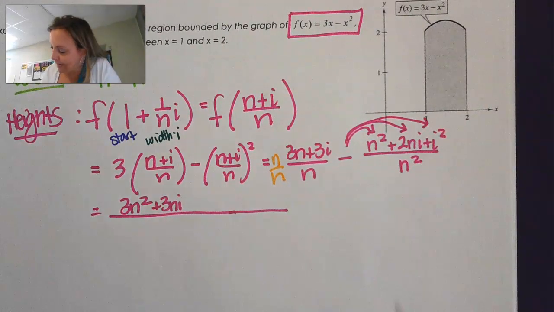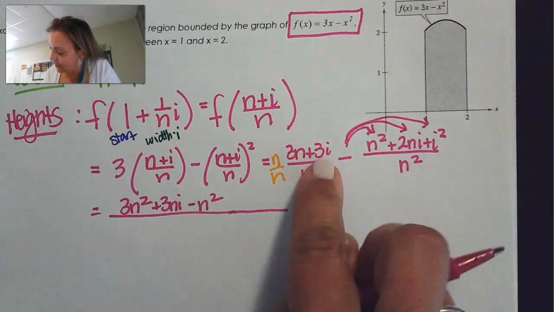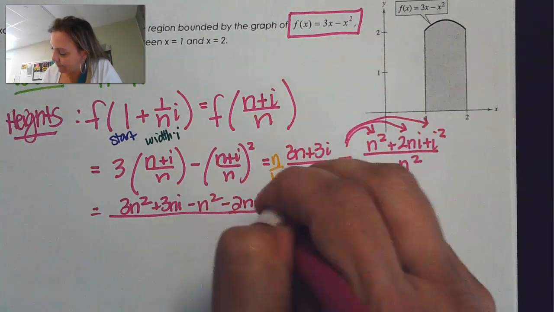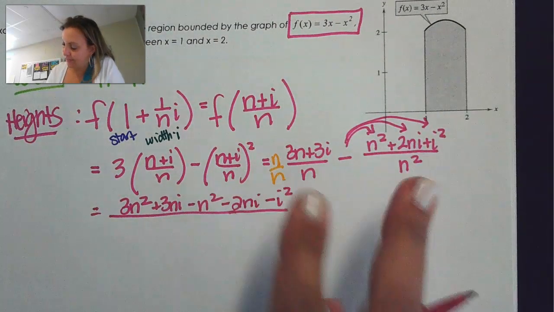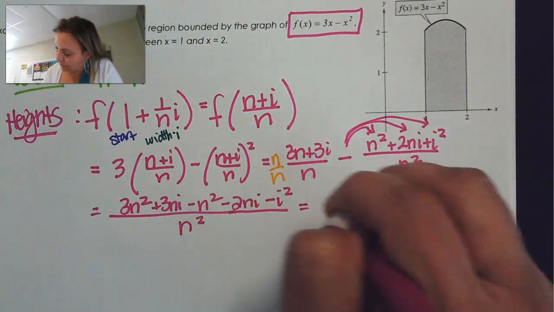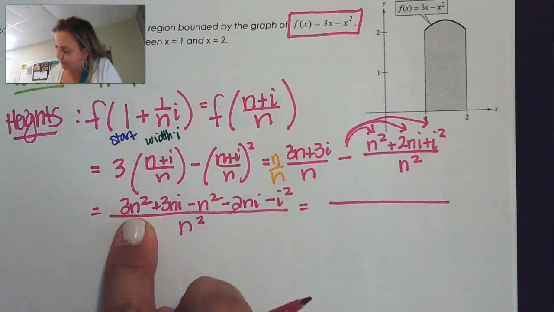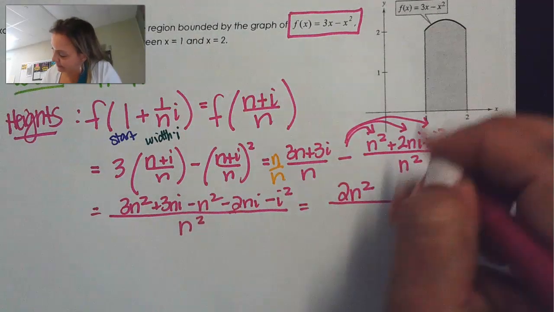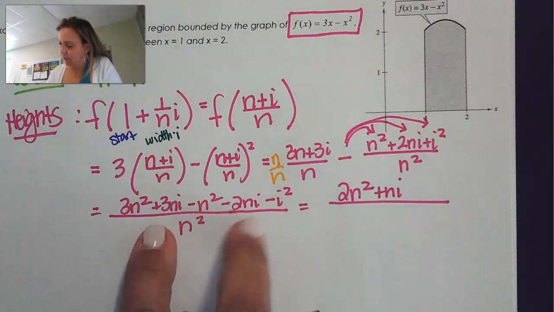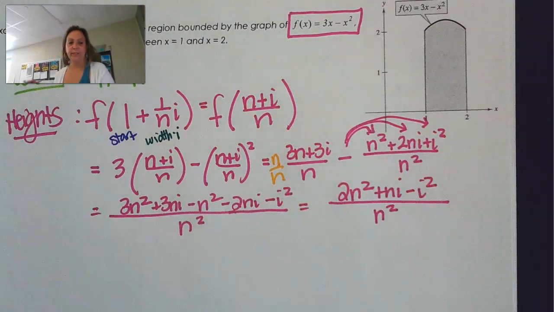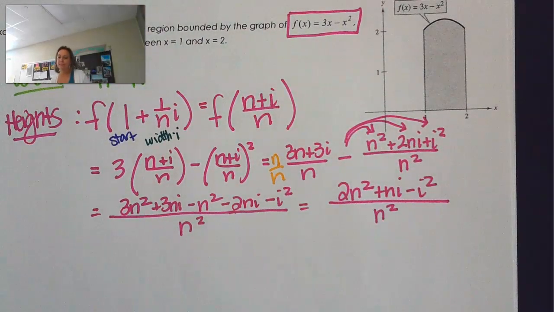So we're going to have minus n squared minus 2ni minus i squared, and all of that is going to be over n squared. So that gives 2n squared plus ni minus i squared over n squared. Okay, so that represents the height of the triangle, or wow, of the figure.